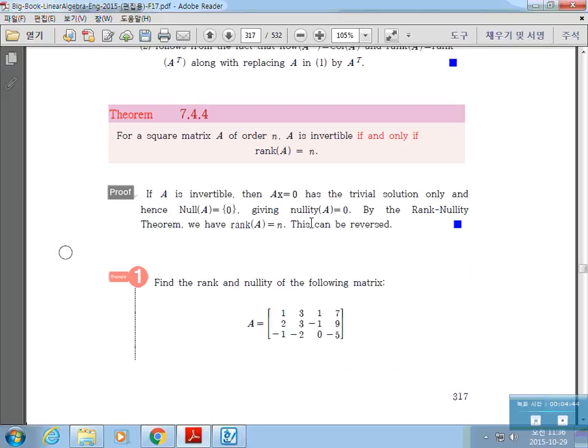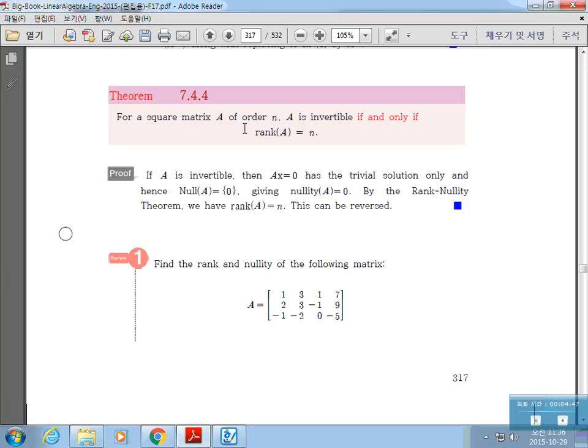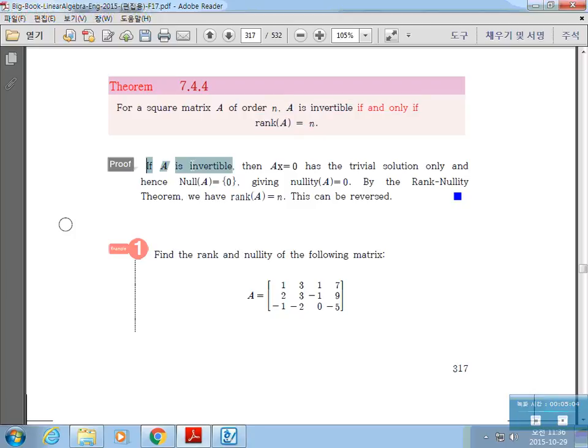And then theorem 7.4.4. For a square matrix A of order n, A is invertible if and only if the rank of A is equal to n. This is also a very useful theorem. If A is invertible, then AX equals 0 has only one solution, the zero vector.